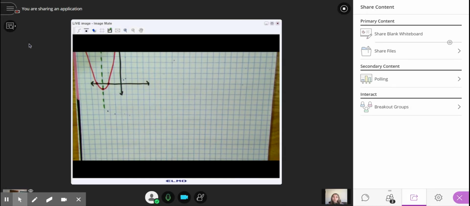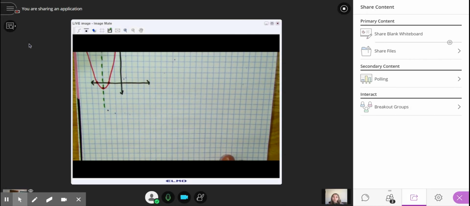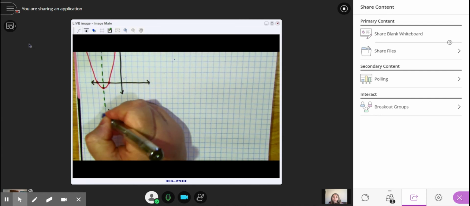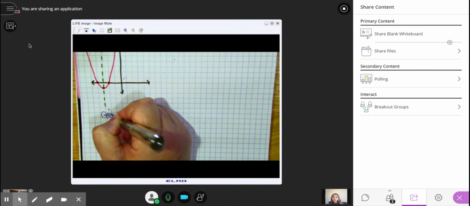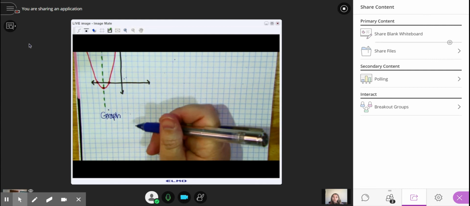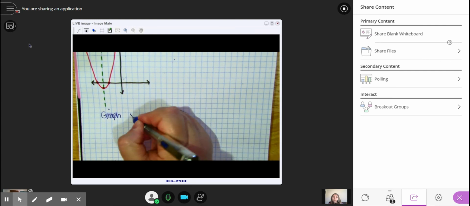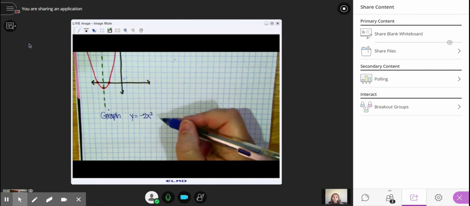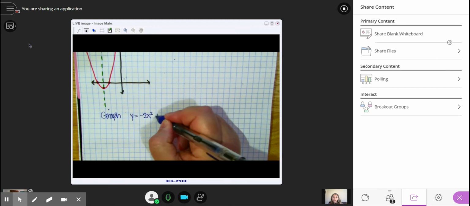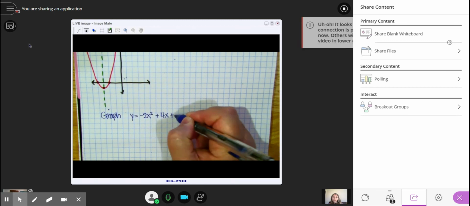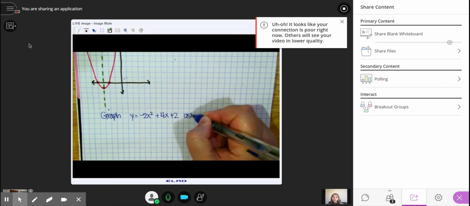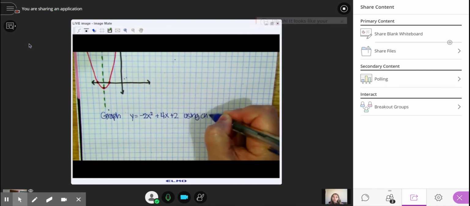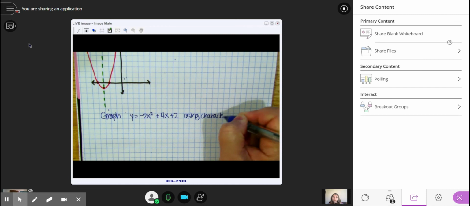Okay, so let's graph y equals a negative 2x squared plus 4x plus 2 using the characteristics.